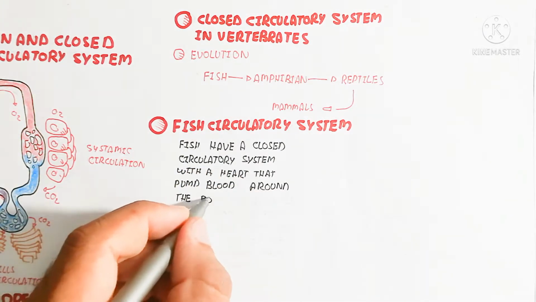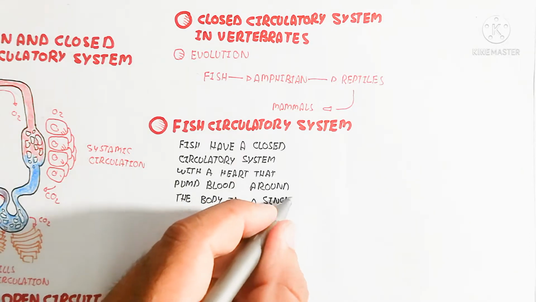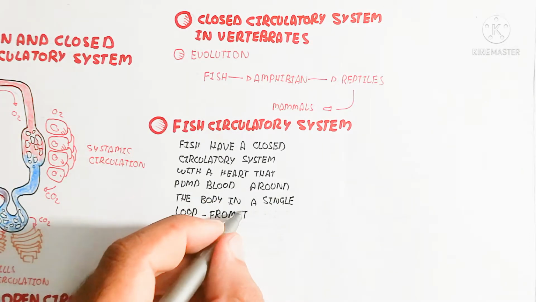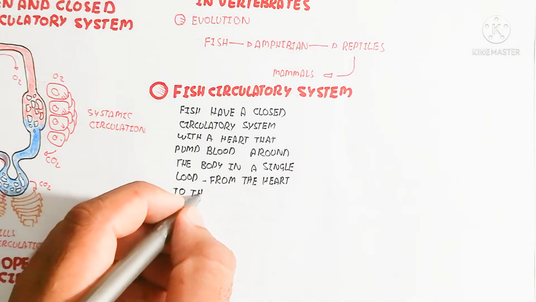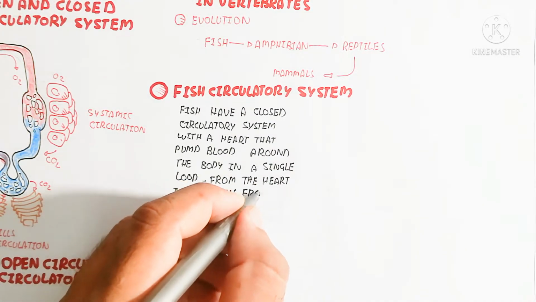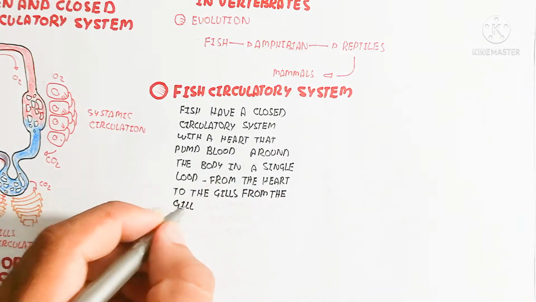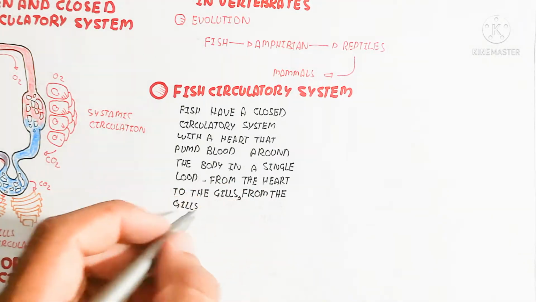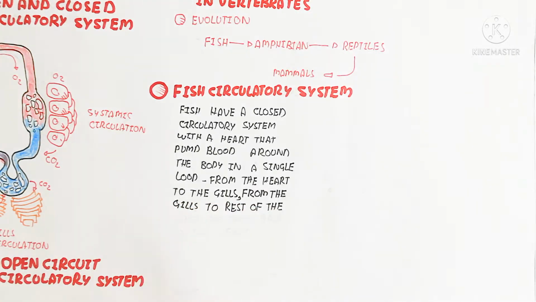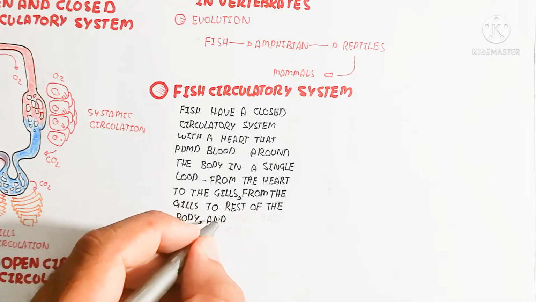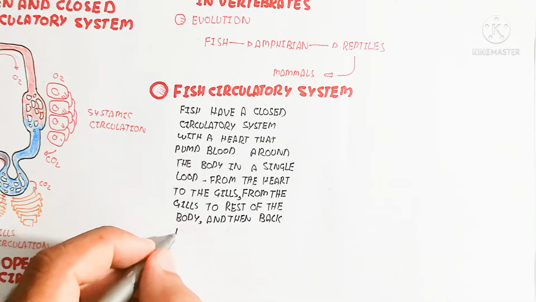First of all, we will discuss the heart, which pumps blood around the body in a single loop: from the heart to the gills, from the gills to the rest of the body, and then back to the heart. Let's understand with a diagram, and we can understand a concept best with a picture.